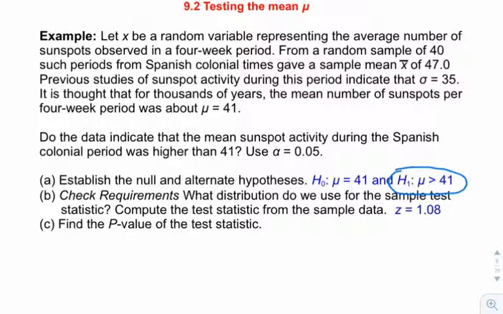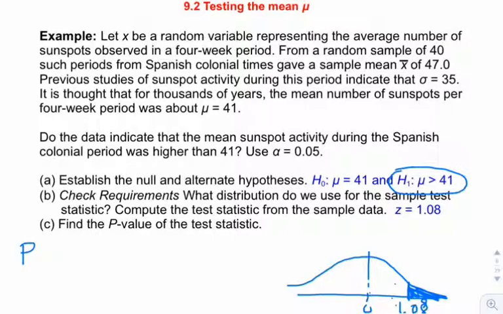So we're looking for the probability that, here mu is 0, here's 1, so here's 1.08. We want to know what is the probability that we are at least 1.08 standard deviations above the mean.